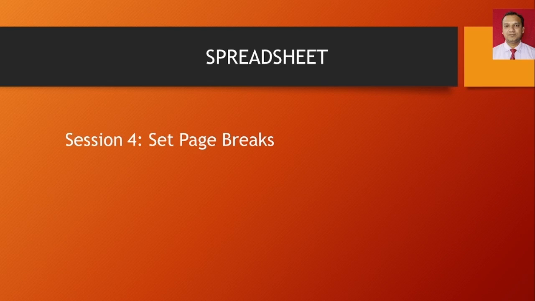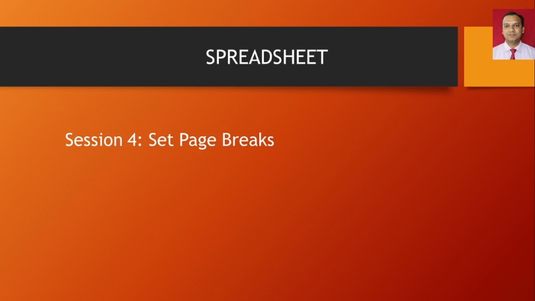Normally page break is used while taking a printout or hard copy from a printer when we require our spreadsheet to be displayed in a hard copy. What page break does is it breaks your worksheet into individual pages for printing. So today I'm going to show you how you can do that.